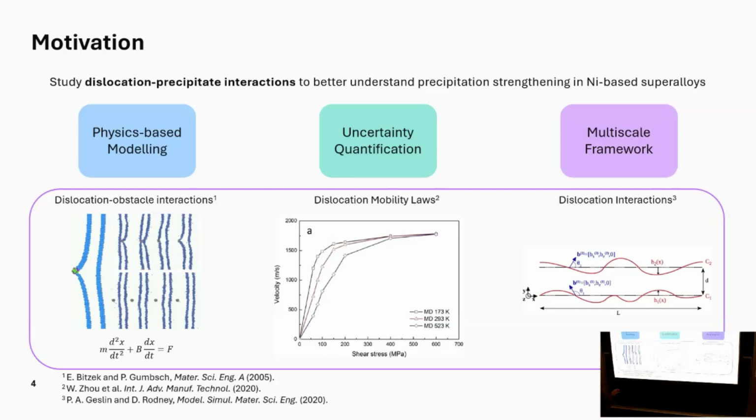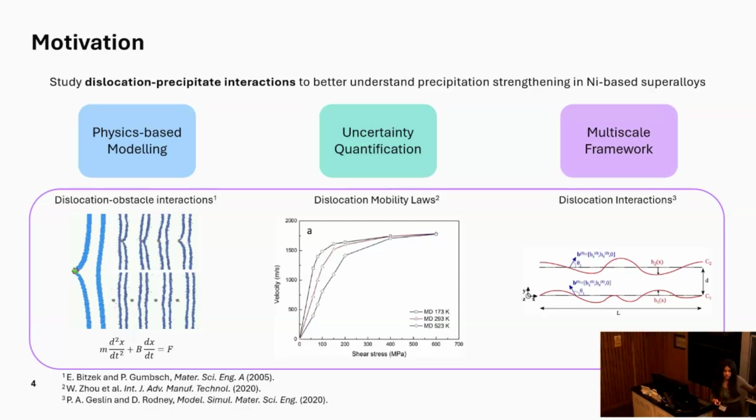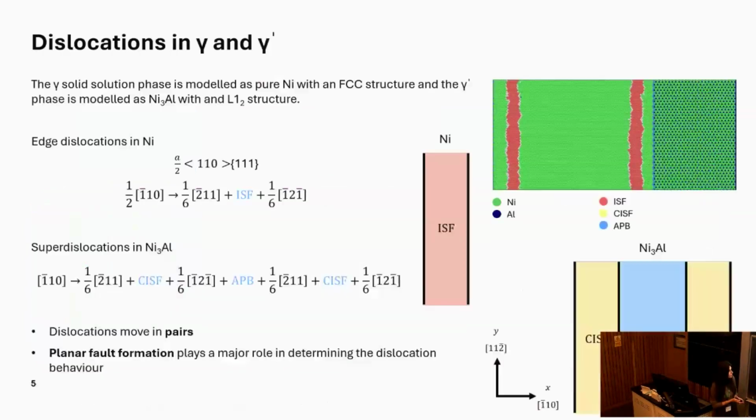Other work has looked at mobility laws, which map out the relationship between the dislocation velocity and the applied shear stress, and finally at parametrizing dislocation interactions. All of these are examples of problems where these quantities can then be used in other length scale simulations.